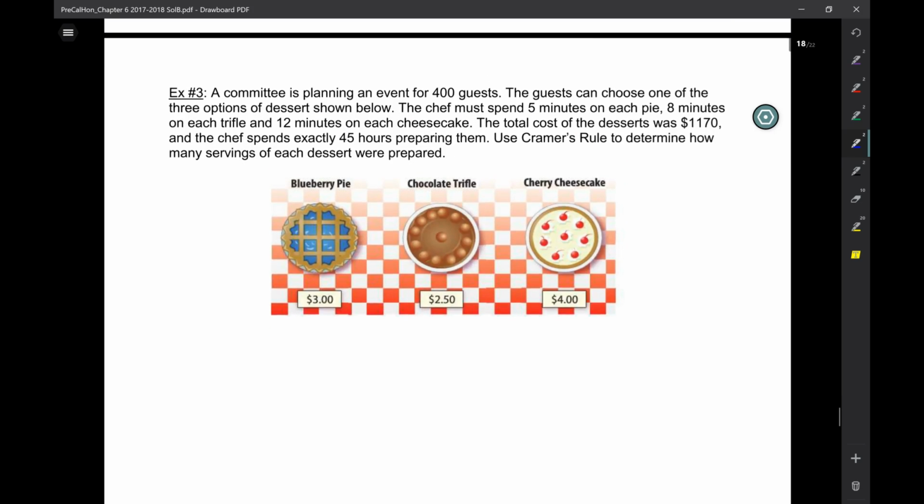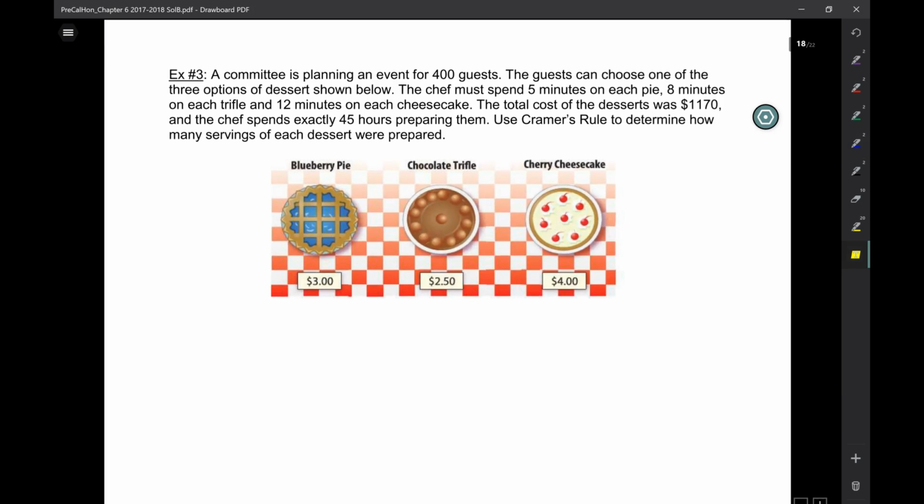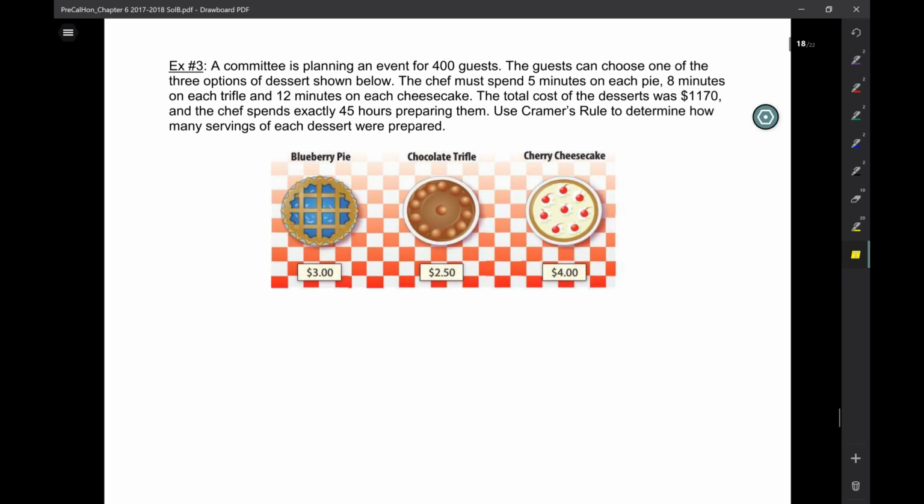Okay, so these people are planning an event for 400 guests. And the guests can choose one of 3 options for dessert below.